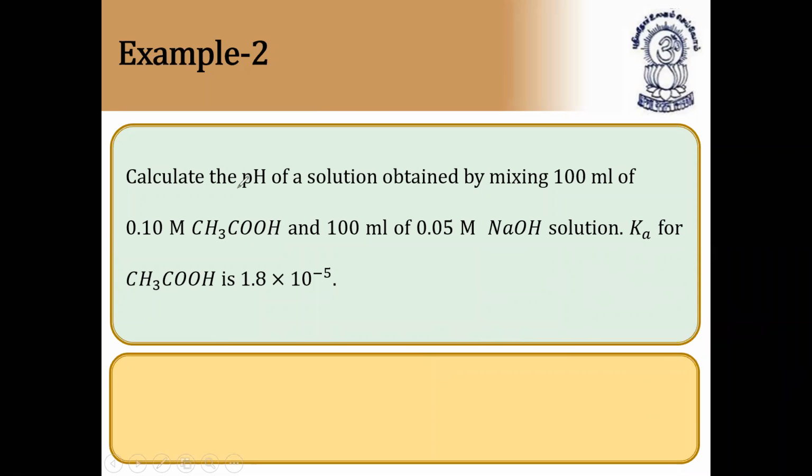Let us see what is given. 100 ml of 0.1 molarity acetic acid, 100 ml of 0.05 molarity NaOH solution. Now let us start the solution for this answer. Second page I'll do it. Answer is 4.74. Let us see the solution for this. Solution. What is given?